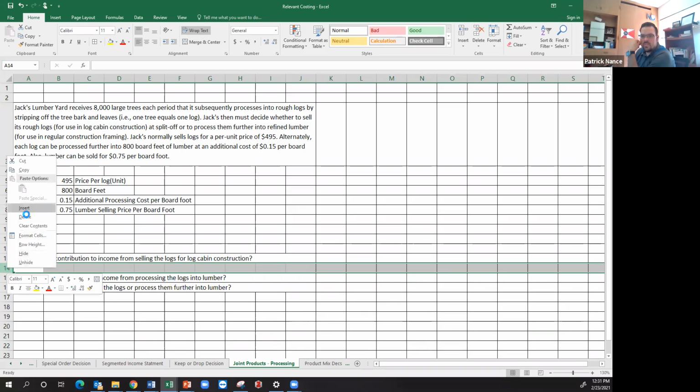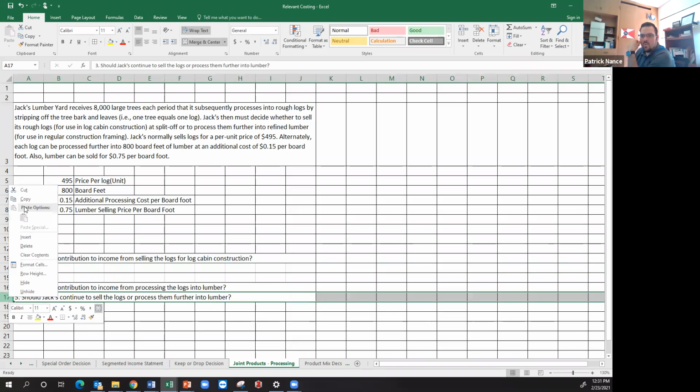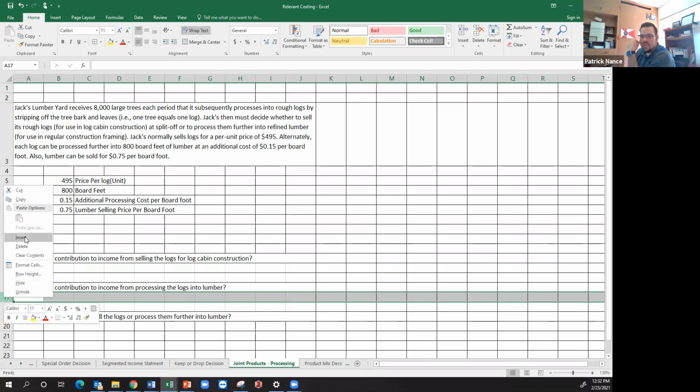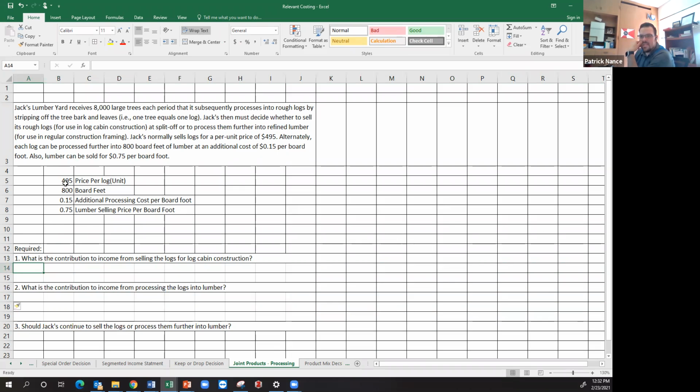So the first question this problem asks is, what is the contribution to income for selling these logs for log cabin construction rather than processing them further? So basically at 495, and I have 8,000, so it's a number of trees, really the number of logs as well, as they said in the problem.